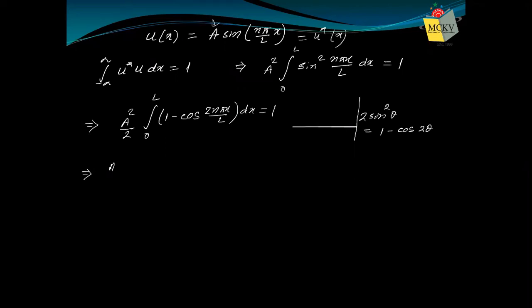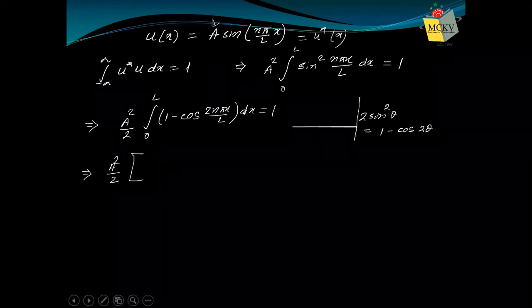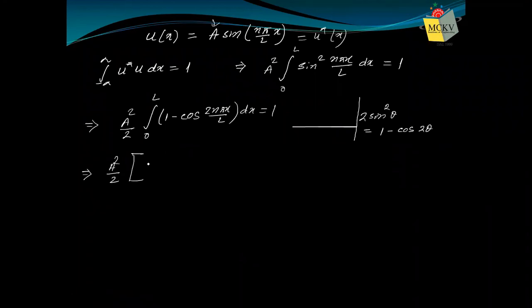Now it's simple. So it is A square by 2. Now we need to do this integration. Let's do first 1 into dx. That means integration of dx. Integration of dx is x. Minus integration of this cos term.